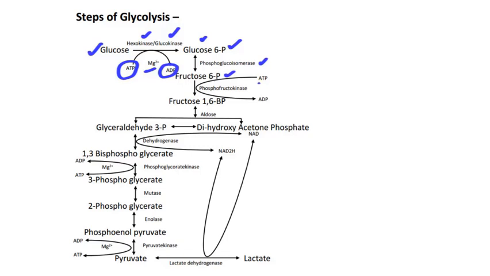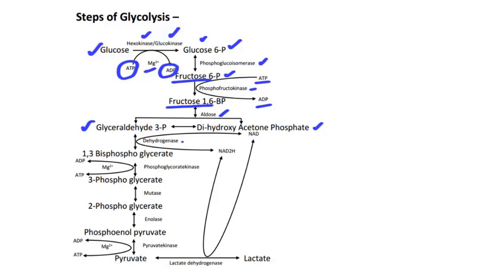Next, breaking this ATP into ADP and inorganic phosphate, fructose 6-phosphate produces fructose 1,6-bisphosphate with presence of phosphofructokinase. Now, glyceraldehyde 3-phosphate and dihydroxyacetone phosphate are produced from fructose 1,6-bisphosphate with the presence of aldolase enzyme.